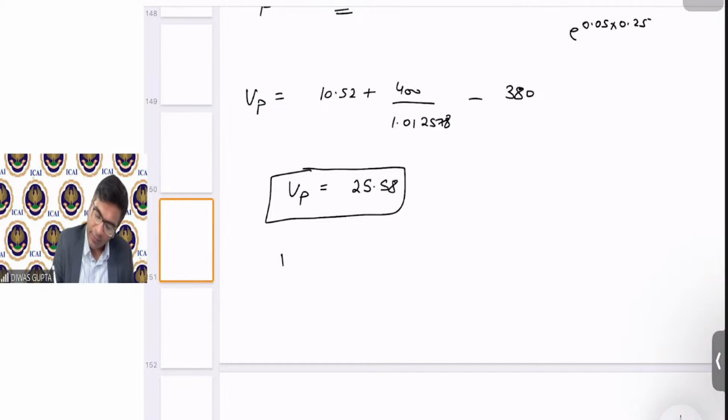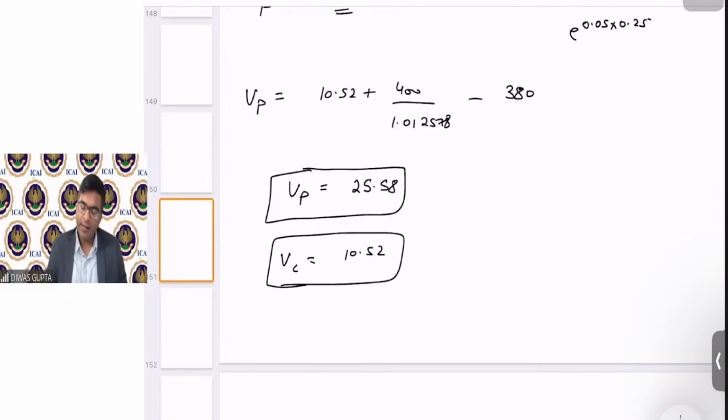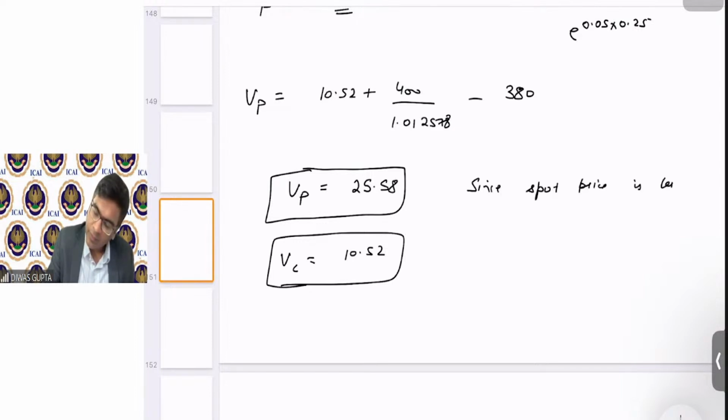So can we say that if we compare this value of call option with the value of put option, since spot price is lesser than the strike price, hence put option is more lucrative?